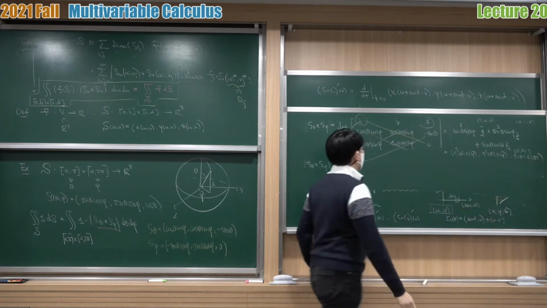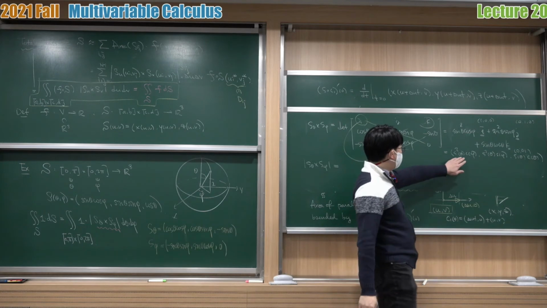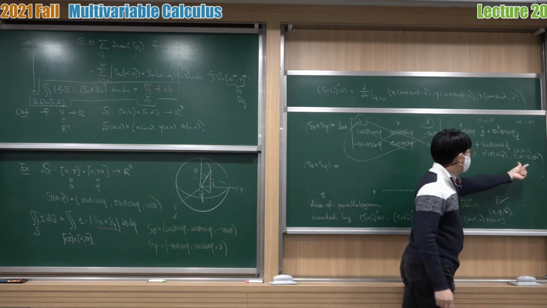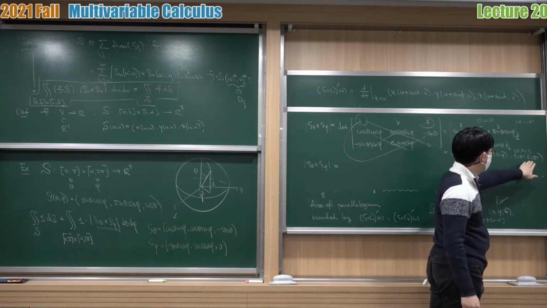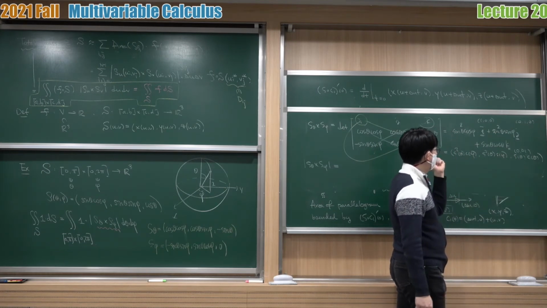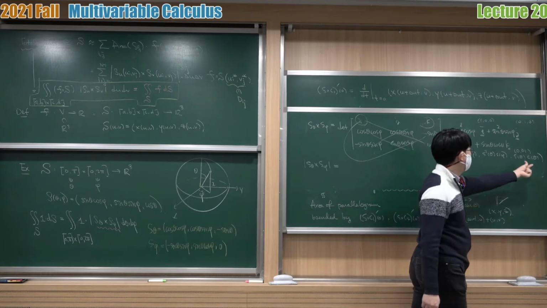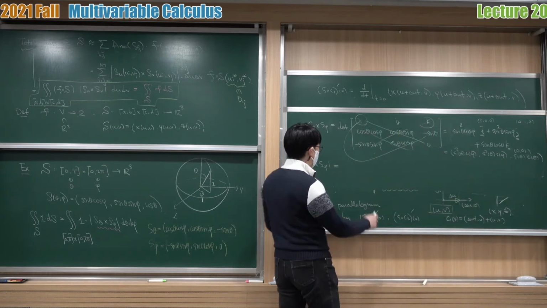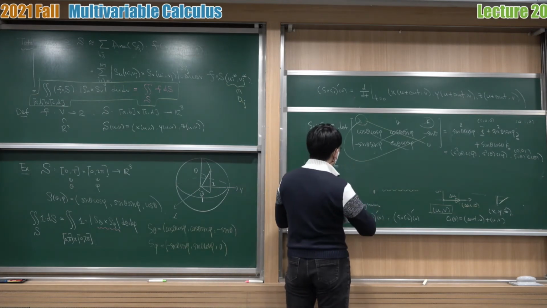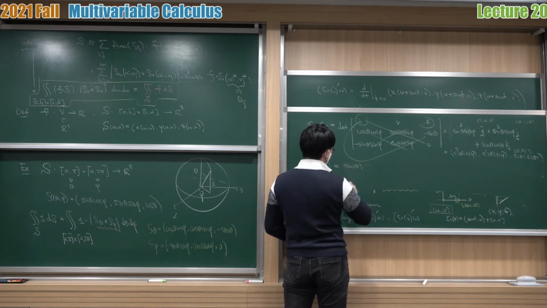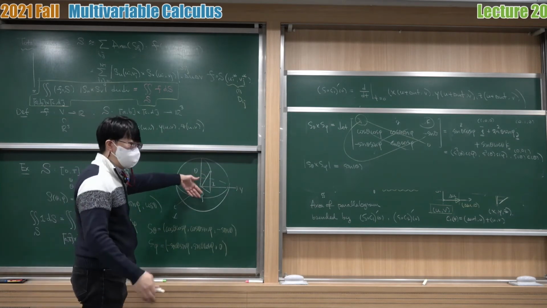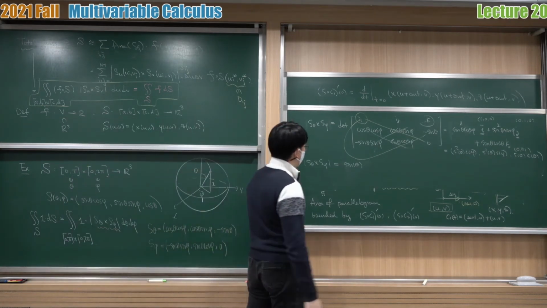So if you square these two and then add them together, you get sine to the fourth, and also you get sine squared theta cosine squared theta. But then you have sine squared theta as a common factor, and you get sine squared plus cosine squared. So whatever you're left with is sine theta. Of course, you need an absolute value, but I omitted it because theta is from 0 to pi, so it's always positive.